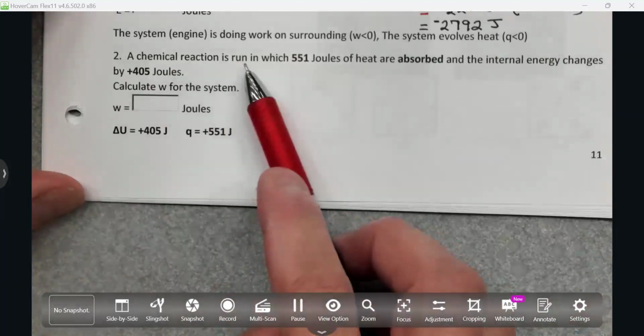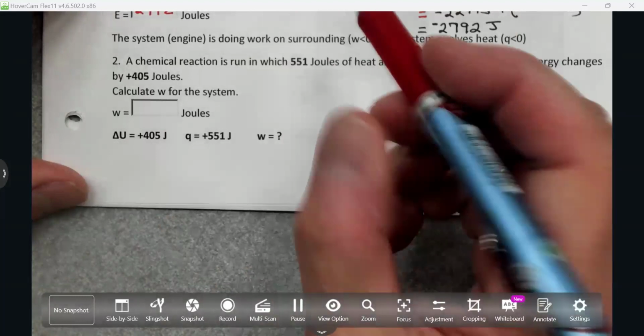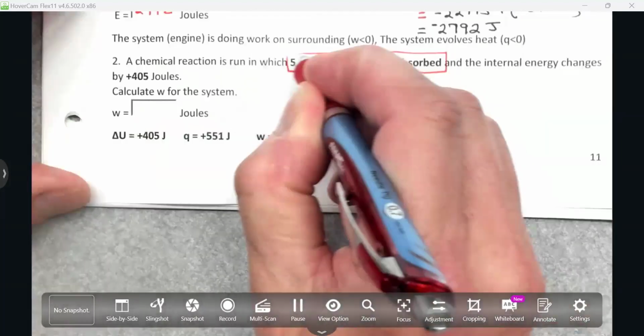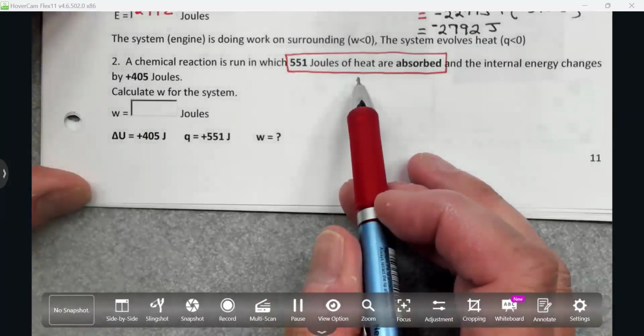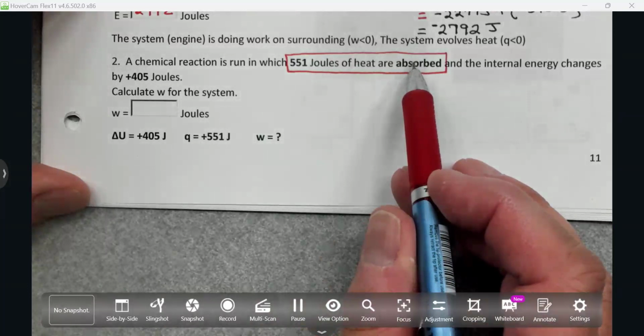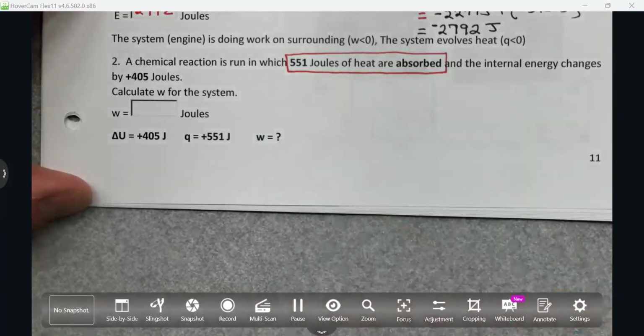A chemical reaction is run in which 551 joules of heat is absorbed. Heat in or heat out? Absorbed is going to be heat in, yes? Heat in.